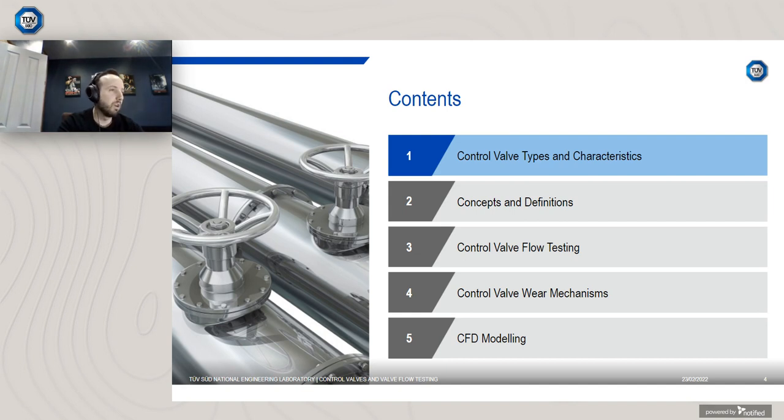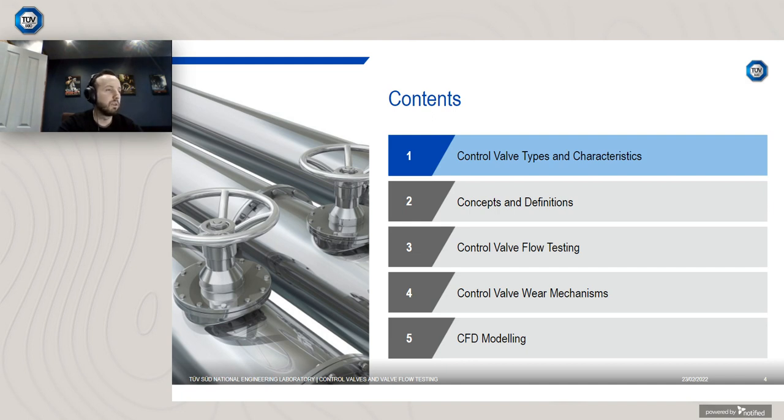I'll start off with a little bit about control valves, what we mean by a control valve, some of the different types and styles, and some of the things that you need to consider when selecting a control valve for a specific application. The bulk of the presentation is going to be on control valve flow testing and how we validate parameters such as the flow coefficient and pressure recovery factor of valves.